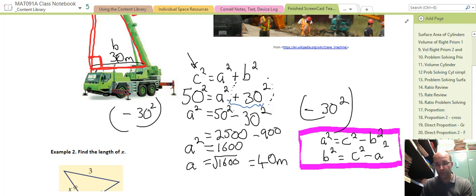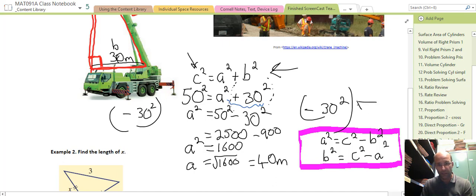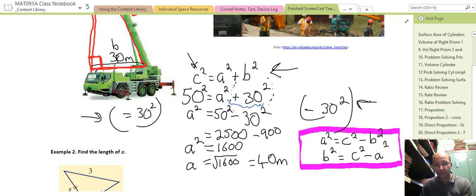So we subtract a shorter side squared from c squared, the hypotenuse squared, to find the shorter sides. But you can just always start these questions, whether it's the hypotenuse or the long side, you still start it the same way. You write down Pythagoras' theorem, and you just need to use inverse operations, like here on both sides. To undo a plus, we have to subtract.